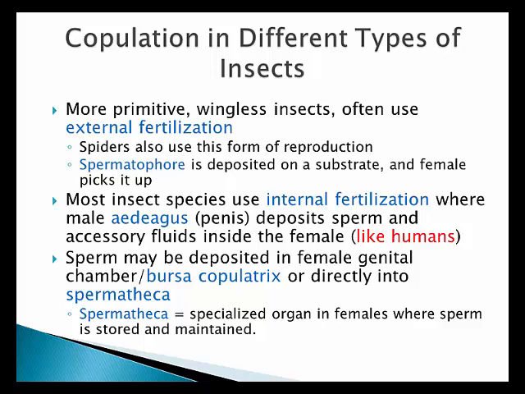In other cases, the female has a special internal pouch called a spermatheca, which she uses to hold the sperm and let the sperm out to fertilize her eggs later when she thinks conditions are optimal to support a good clutch of eggs. So we have some similarities and differences between humans and insects with respect to what happens to the sperm, whether the fertilization is internal or external.